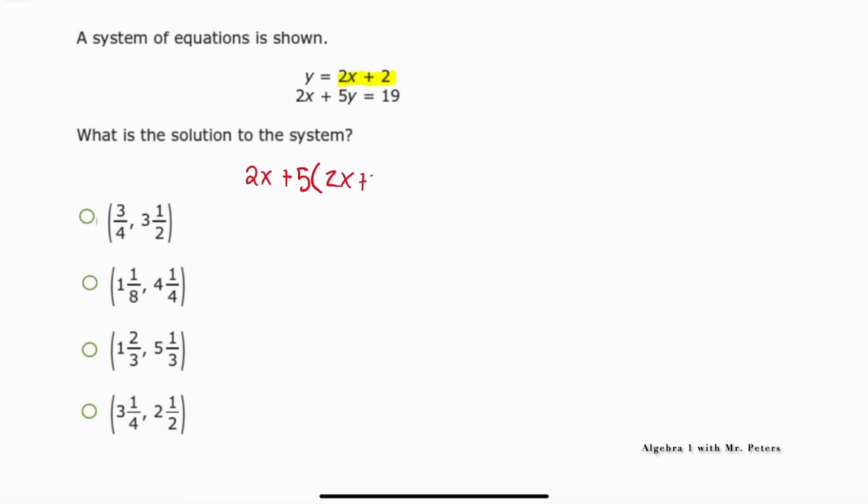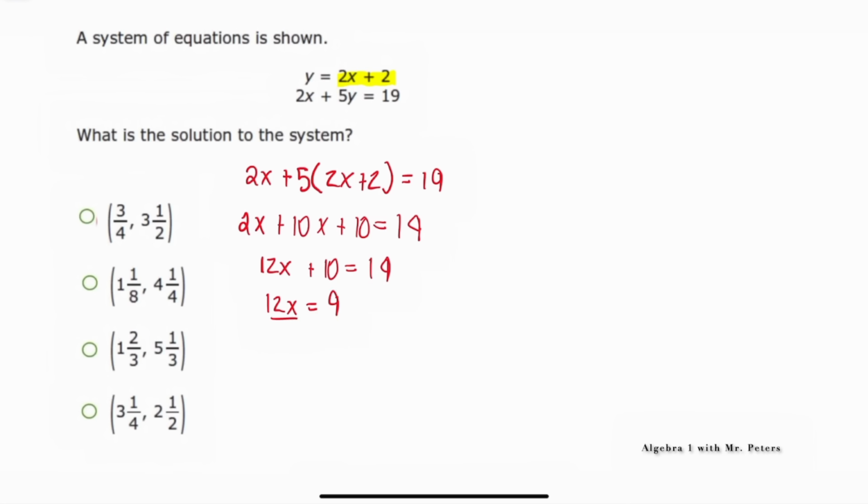So 2x plus 2 is equal to 19. We simplify, and this is what we're going to have. Now once I combine like terms, we have 12x plus 10 is equal to 19. We subtract 10 on both sides, so now we have 12x is equal to 9.